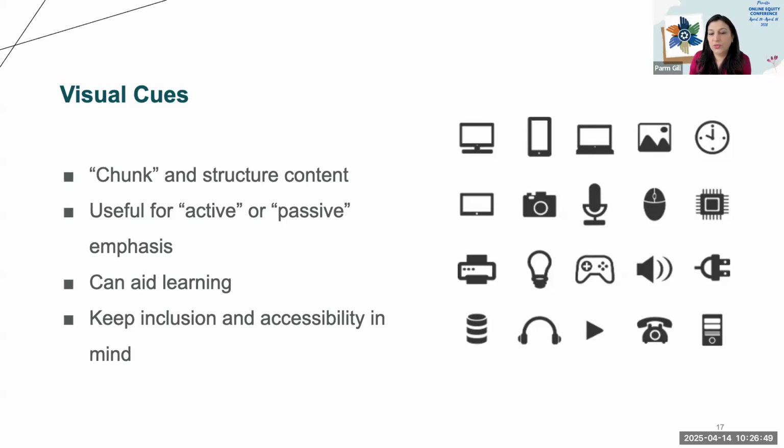I use visual cues as active or for passive emphasis. By that I mean active emphasis is something that draws attention to something students must actively do. So they can quickly scan a page and locate an action item, things that they must complete for the course, things like discussions or readings.